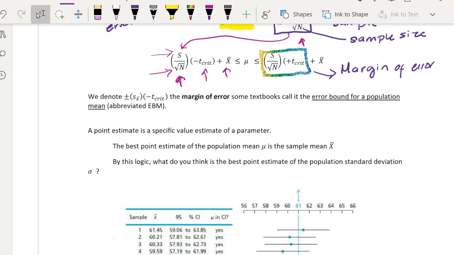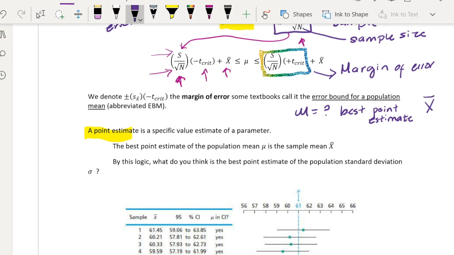A point estimate is a specific value of a parameter. What does that mean? For example, in this chapter, I won't know what mu is. I have a big question mark. I don't know what it is, but the best point estimate of what mu is going to be is the sample mean.